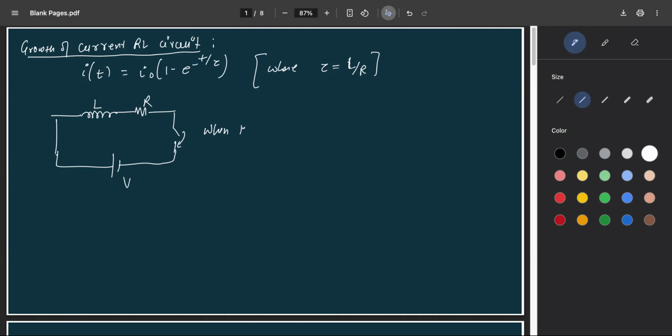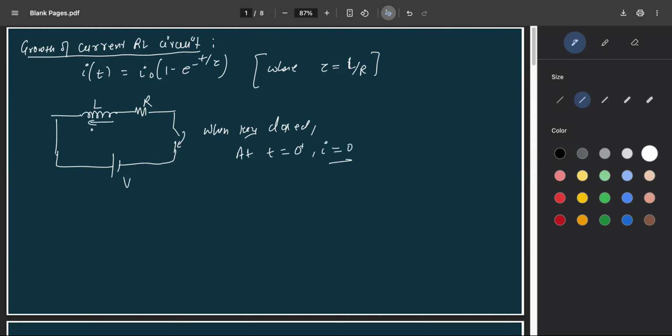when we close it, at t equals 0 plus, current was 0. Why 0?